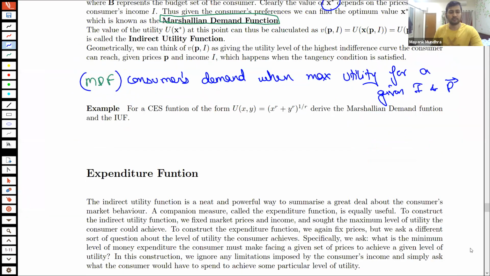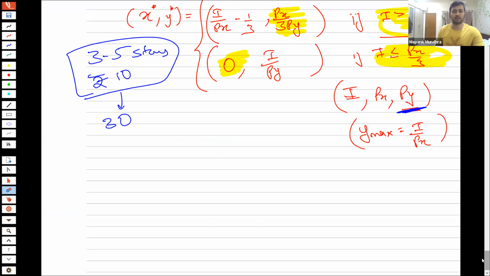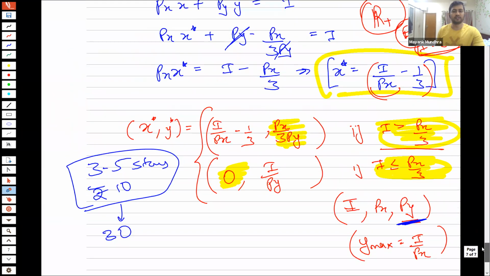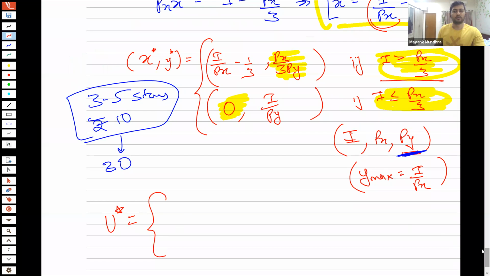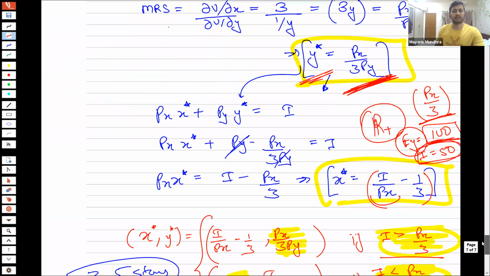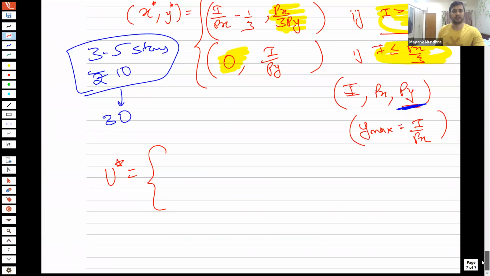Okay, let's look at one more case, alpha X plus beta Y. So what is the indirect utility? Okay, finally, for the indirect utility function you just find U star. U star will be equal to, you put these values when I is large. What was the utility value? Utility was 3x plus ln y. So utility equals 3 times (I by Px minus 1 by 3) plus ln of Px by 3Py.